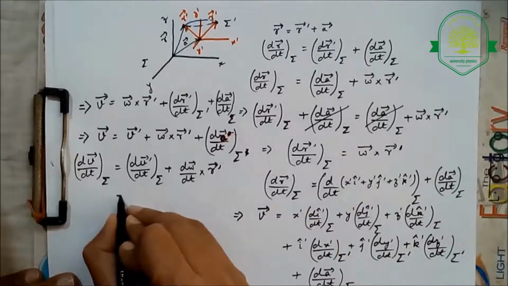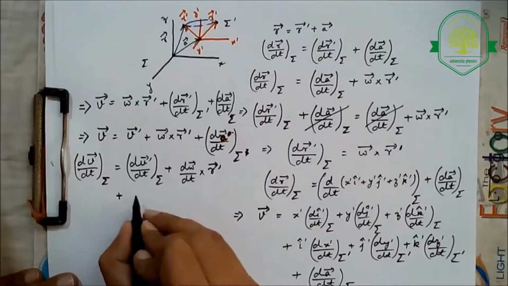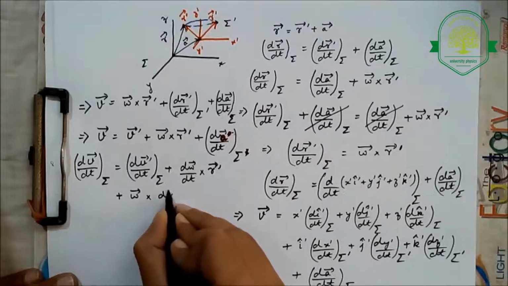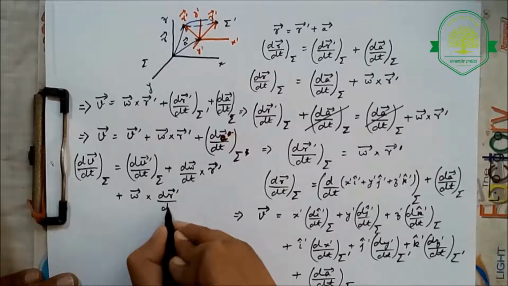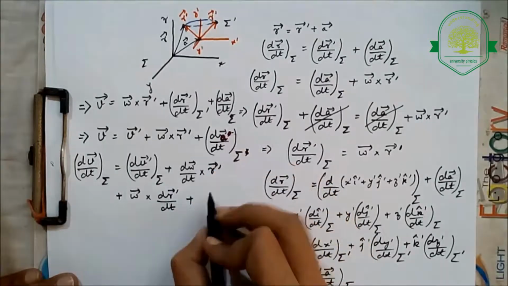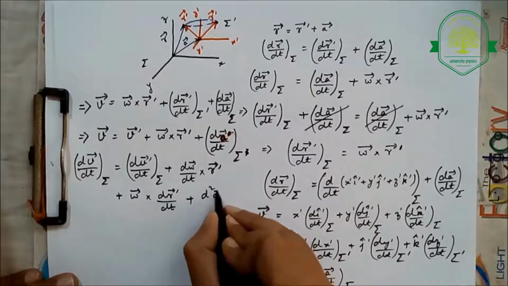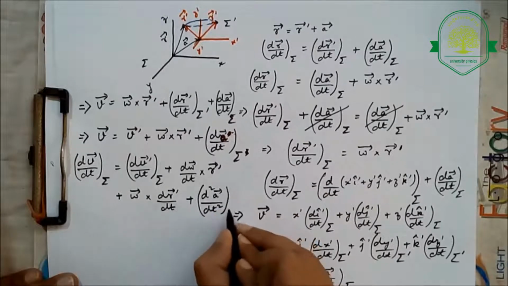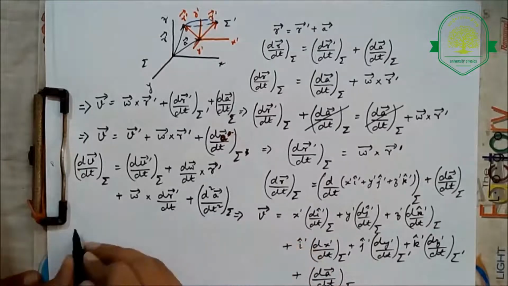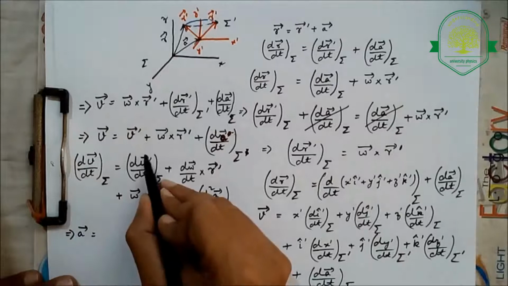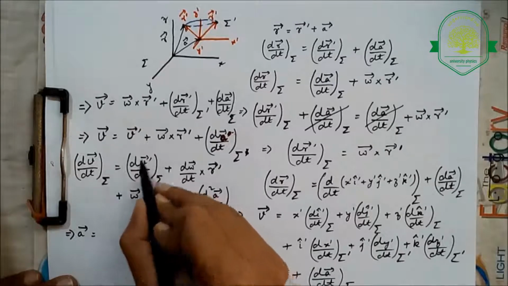Plus the double derivative of this term, which is d squared A over dt squared as seen from the sigma frame of reference. So this is just a vector, and we'll have to do this differentiation.